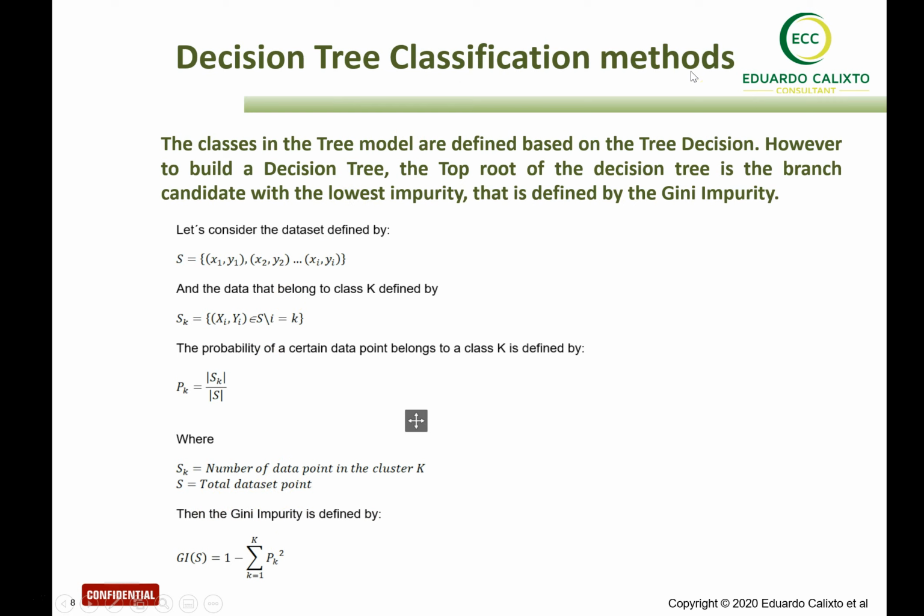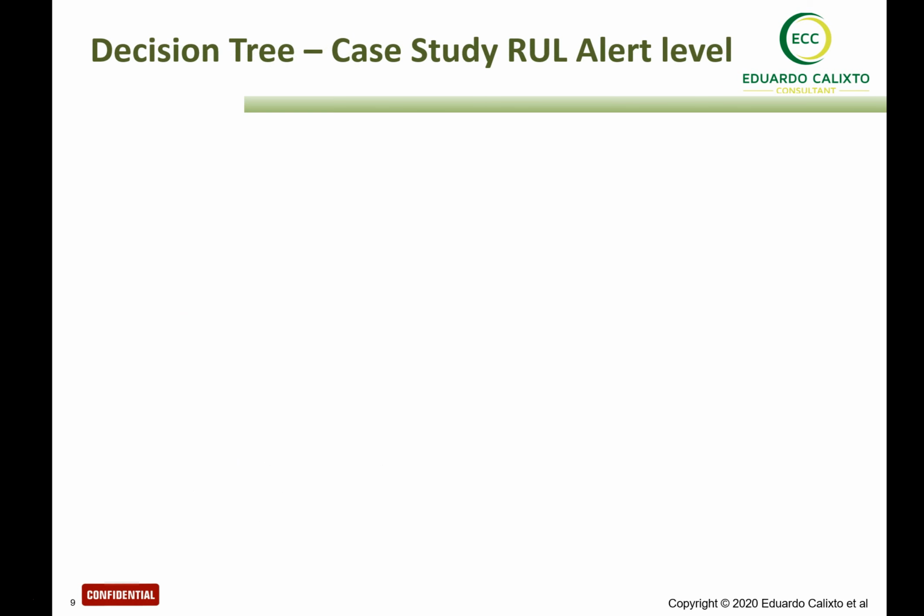Therefore, I will not go deeper into this detail or exercise building a decision tree, but it's very important that when we build a decision tree, we have different possibilities for the root at the top of the tree, and these possibilities need to be compared based on the Gini impurity.